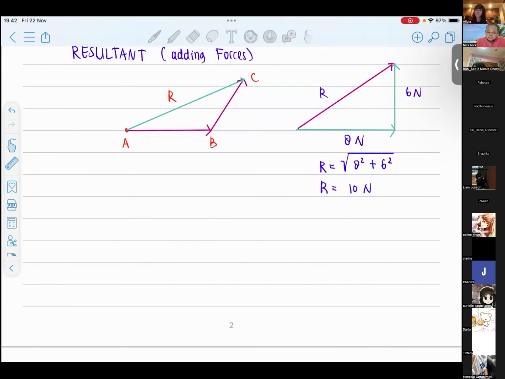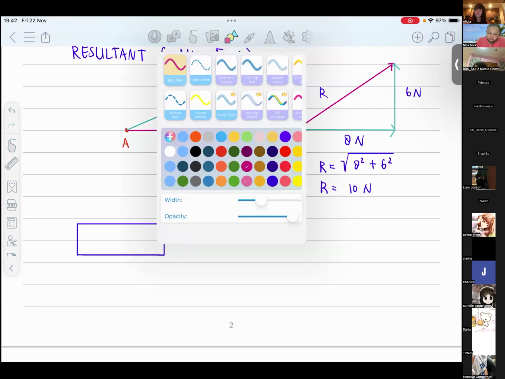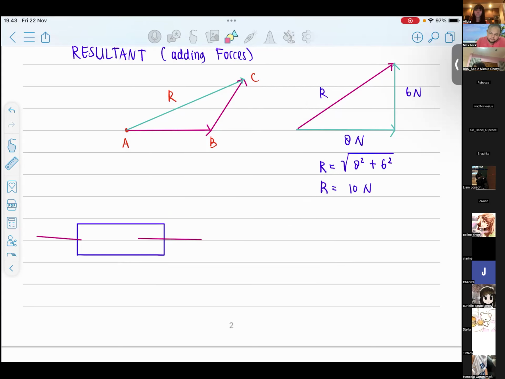If there is an object like this, for example, dragged to the right and dragged to the left.